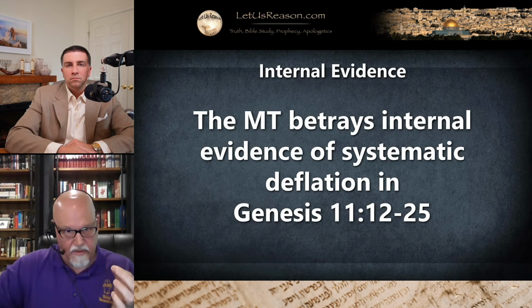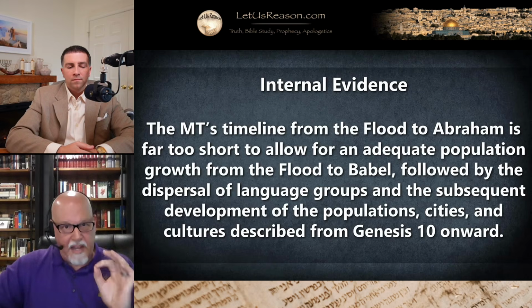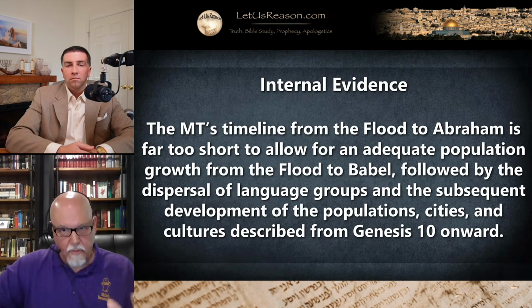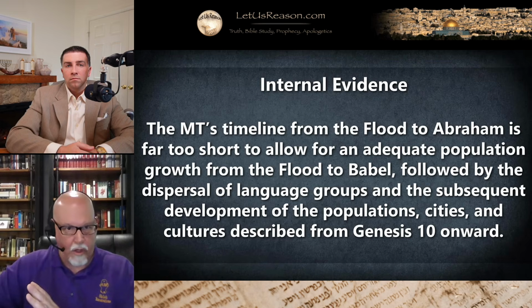I'm gonna allude to this in a couple different ways. The timeline from the flood to Abraham is far too short to allow for an adequate population growth from the flood to Babel, followed by the dispersal of language groups and the subsequent development of civilizations in the cultures that are described from Genesis 10 onwards.